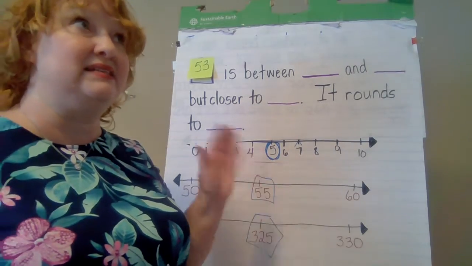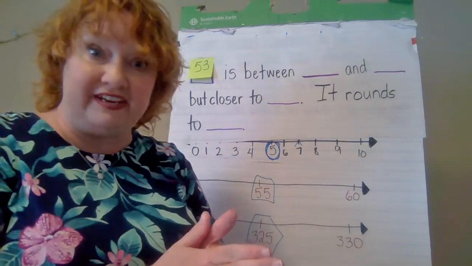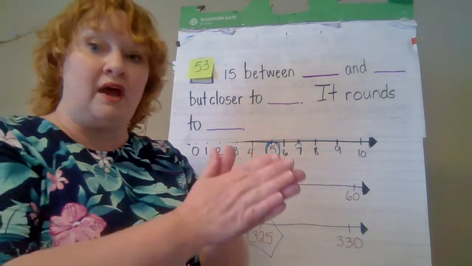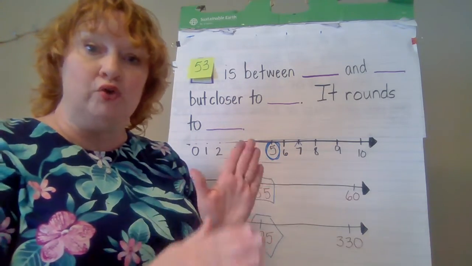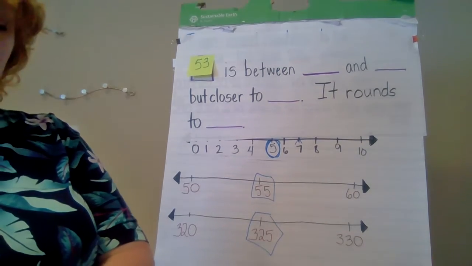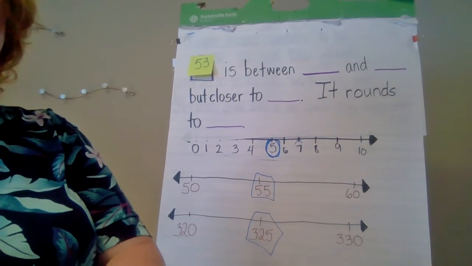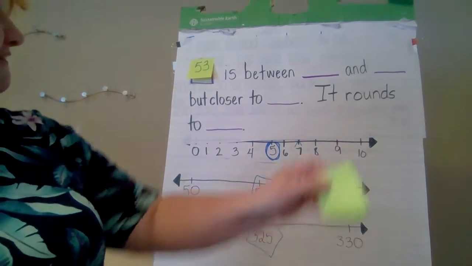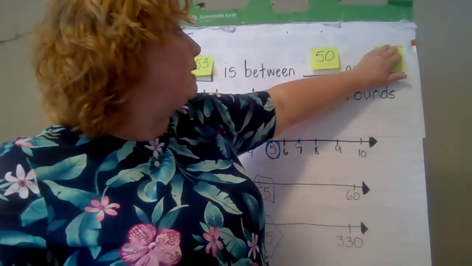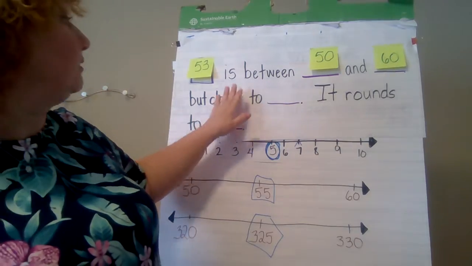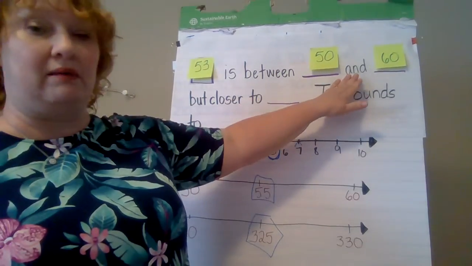Because we can say 10, 20, 30, 40, 50, 60. We know that 50, 51, 52, 53 is between those two tens. So we are going to write down in our sentence that it is between 50 and 60. So we have that. Our number 53 is between those two numbers.